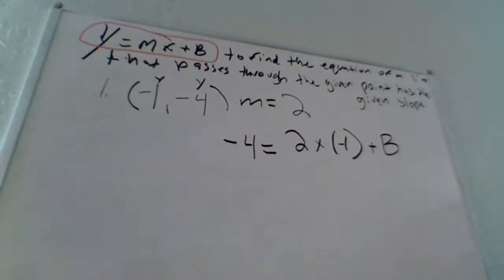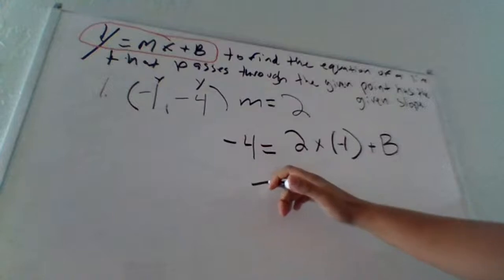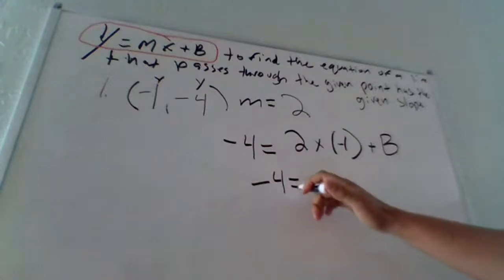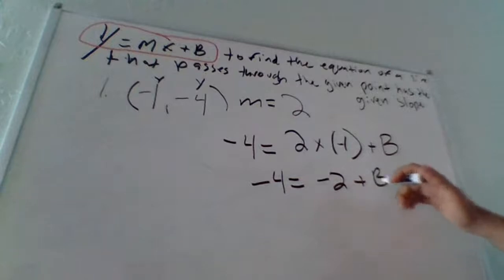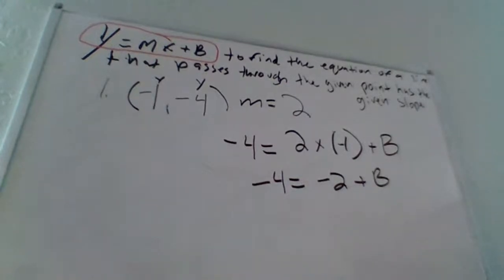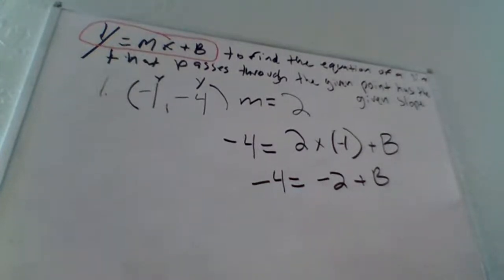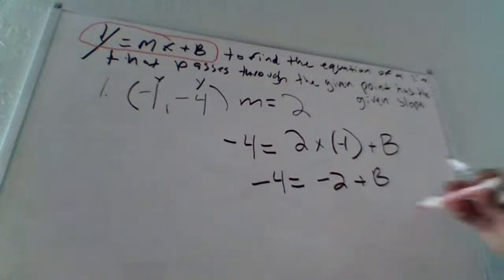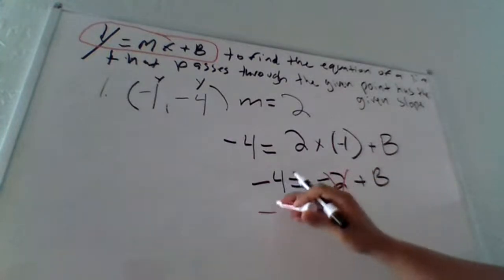From here we're gonna multiply 2 by negative 1. That's gonna be negative 2. So negative 4 equals negative 2 plus b. Now we're gonna add 2 to both sides to eliminate the 2 from the right side, and b equals negative 2.